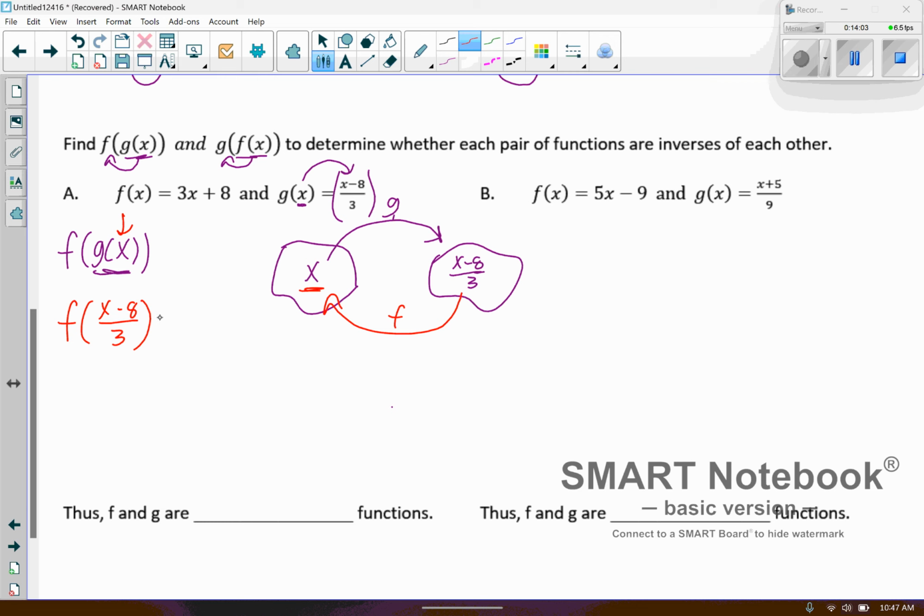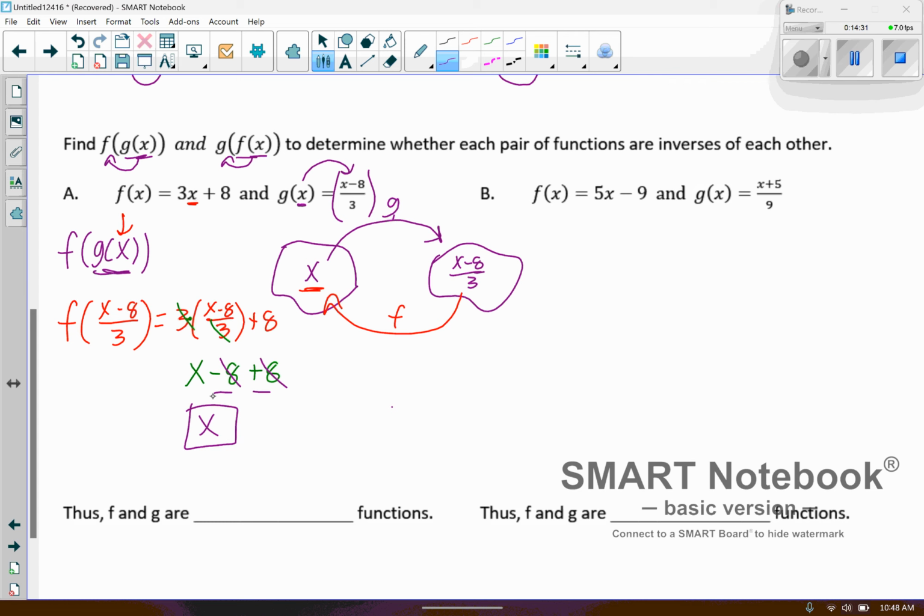I'm going to get 3 times x minus 8 divided by 3, and then plus 8. I'm just plugging it in right there to that f function. What's going to happen is the times 3 divided by 3 actually cancel each other out. So then I'm left with x minus 8 plus 8. And then the minus 8 plus 8 cancel out, and I'm just left with x.